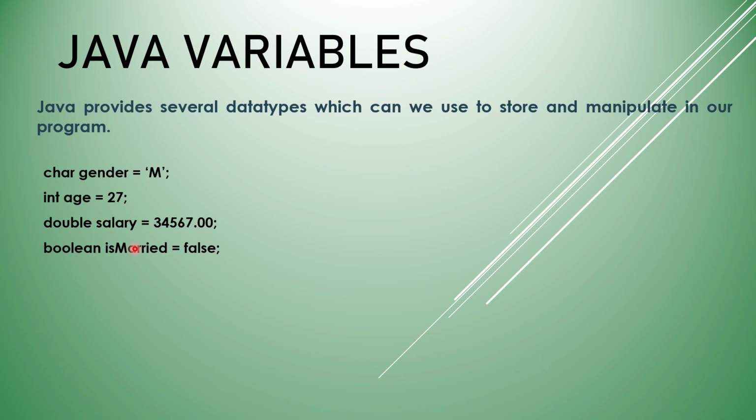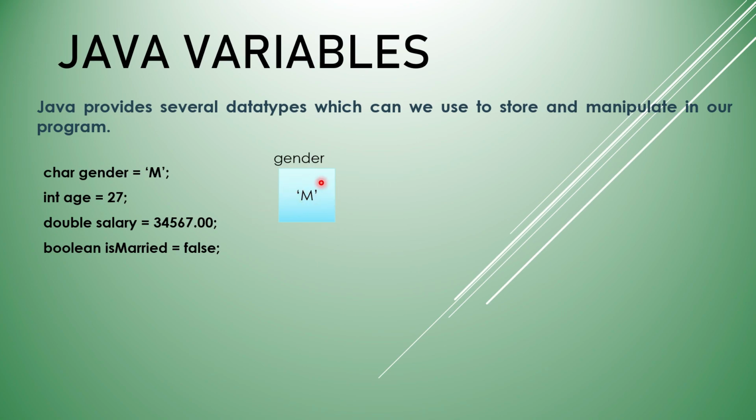Now we'll see how these variables are stored in the memory. So for gender, it is of character type. It will occupy some memory space.